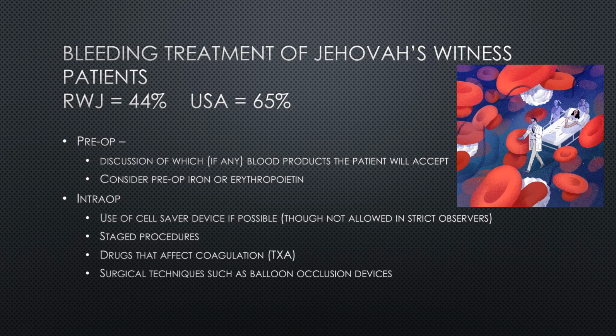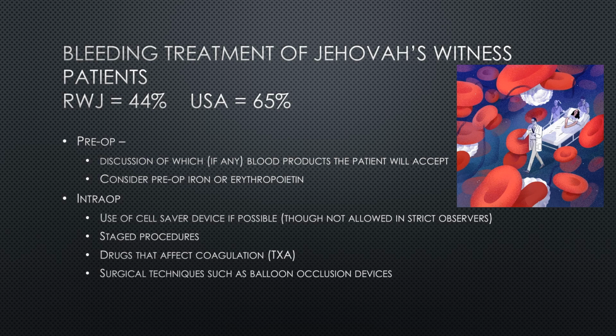All right, bleeding treatment of Jehovah's Witness patients. It's important to know that people of the Jehovah's Witness faith will often refuse blood products of any type, which can make caring for them during major surgery somewhat challenging, although there are some things we can do to lessen that challenge.